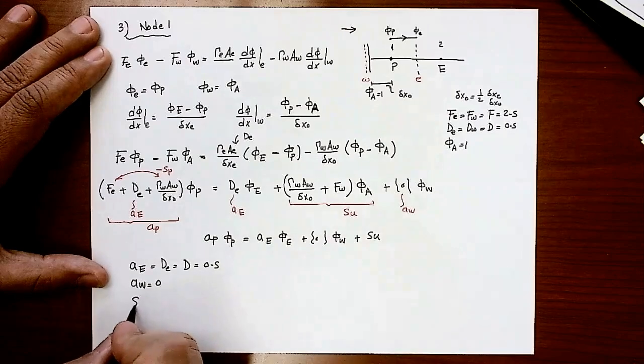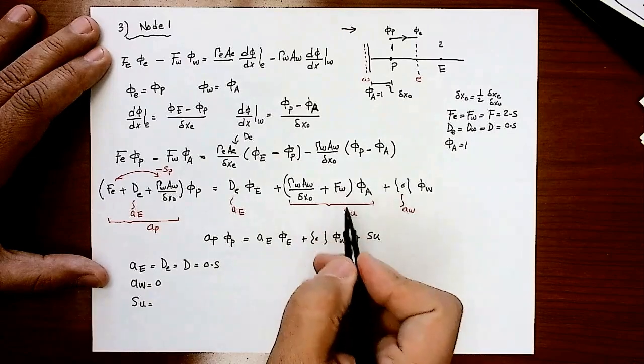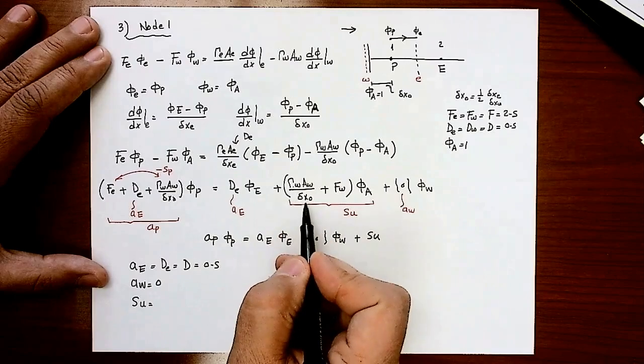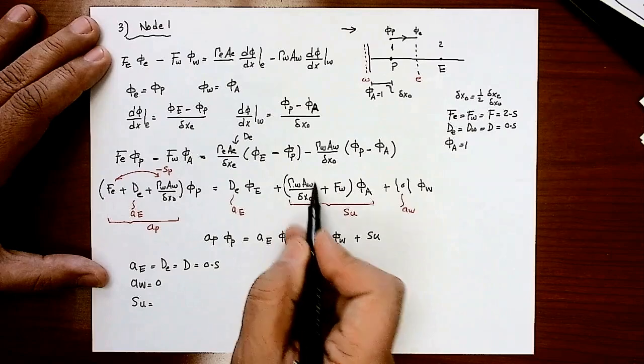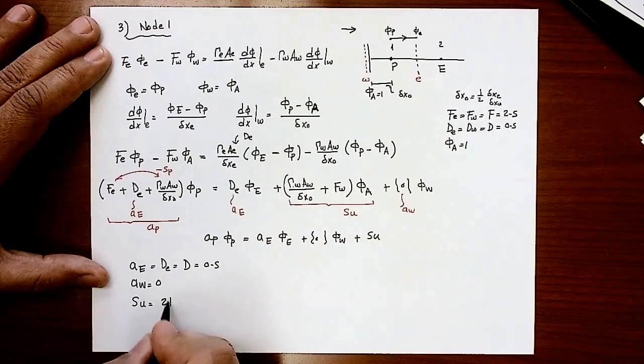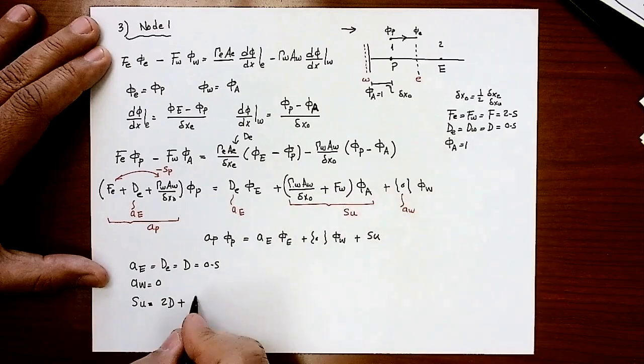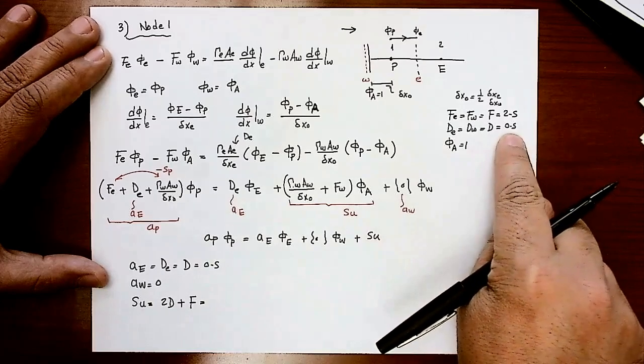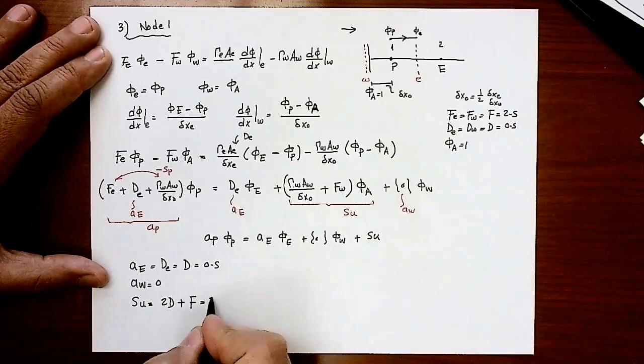Let's get the SU. SU is equal to this term here: kappa west A west over delta x node, and delta x node is half delta x. So this will be simply 2D plus F west, which is the same as F. So I'm going to put F in here. 2 times D, D is 0.5, that's going to give me 1, plus 2.5. This will give me 3.5.